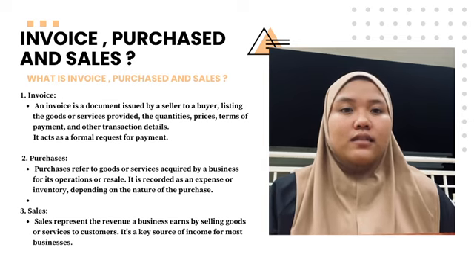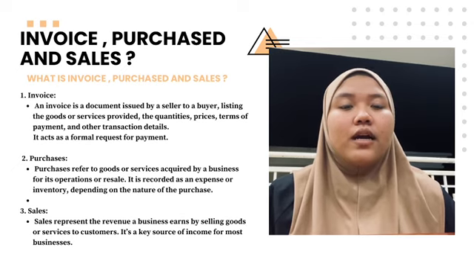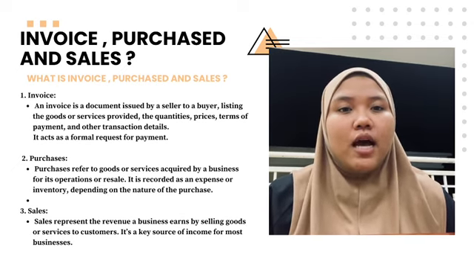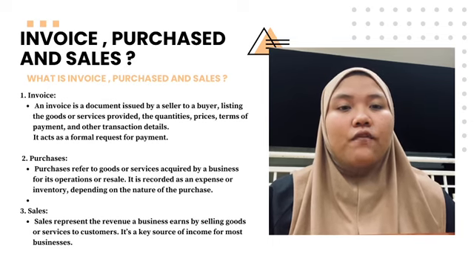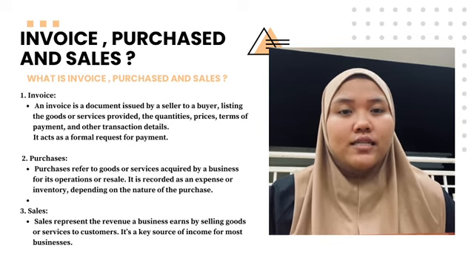Third one is sales. Sales represent the revenue a business earns by selling goods or services to customers. It is a key source of income for most businesses. For example, a clothing store selling a jacket to a customer is considered a sale.